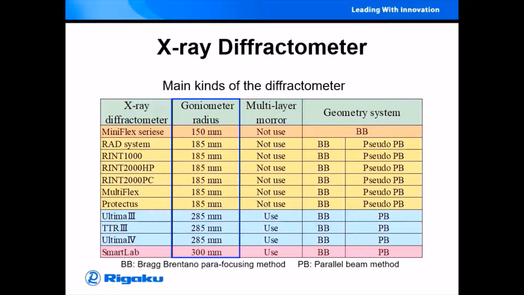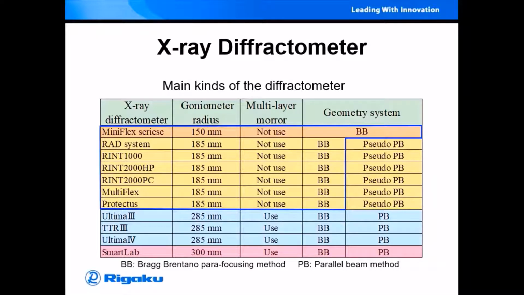As the goniometer radius increases, the angular resolution increases. The diffractometers which have a multi-layer mirror can provide both the focusing and parallel beam methods by easy switching, and ones that don't have a multi-layer mirror are used mainly for the focusing method.